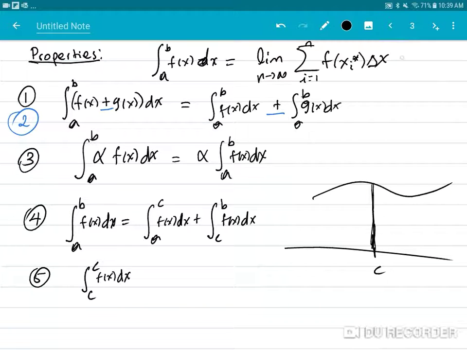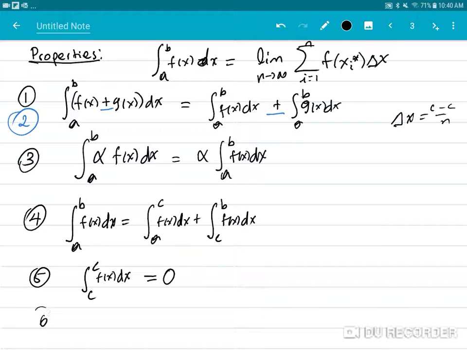Well, your delta x's will all be 0, because delta x was b minus a over n, but this is from c to c. So c minus c over n, this is all 0. So you're adding a whole bunch of zeros and taking the limit of a whole bunch of zeros. So that will be 0. So the integral from a point to itself is 0.